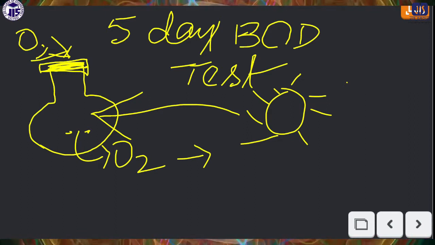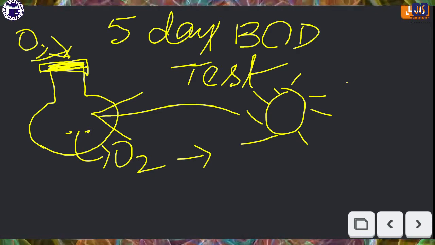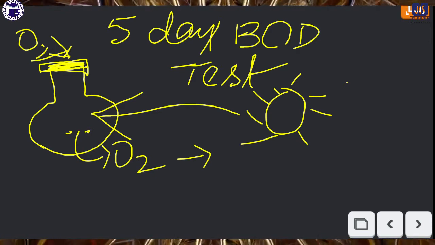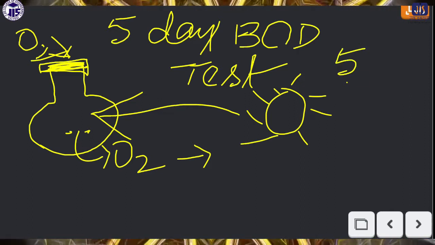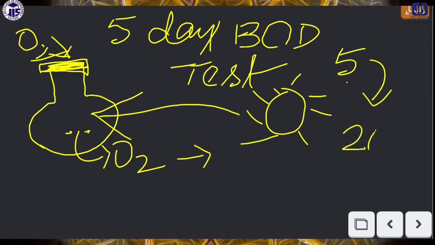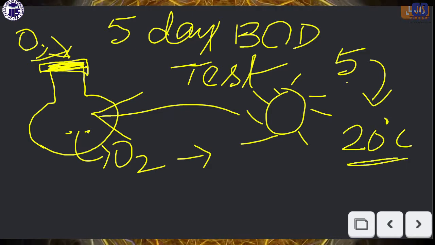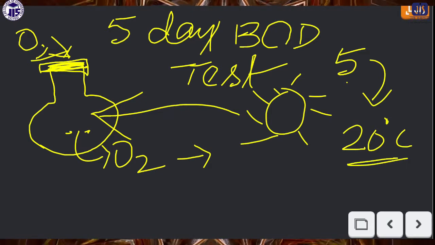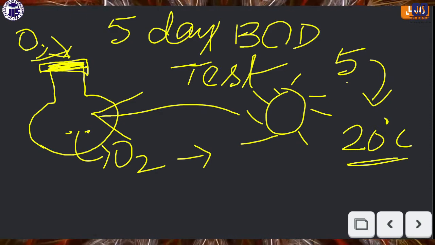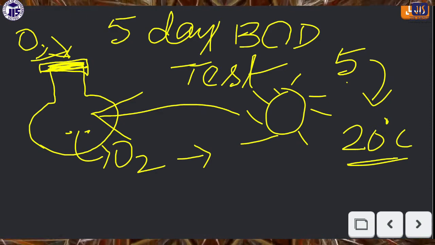Third point, it must be carried out at 20 degrees C. For the 5-day BOD test, you have to maintain the temperature at 20 degrees C, because there is a temperature effect on the BOD test. It is not possible to do the BOD test at any temperature.